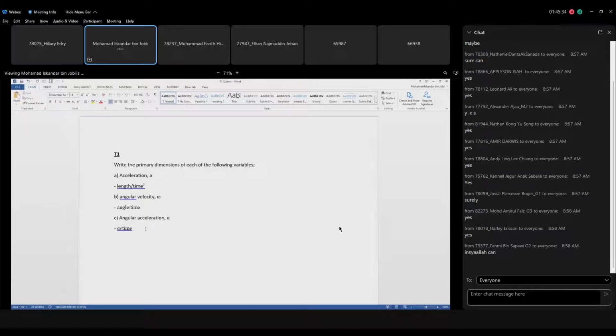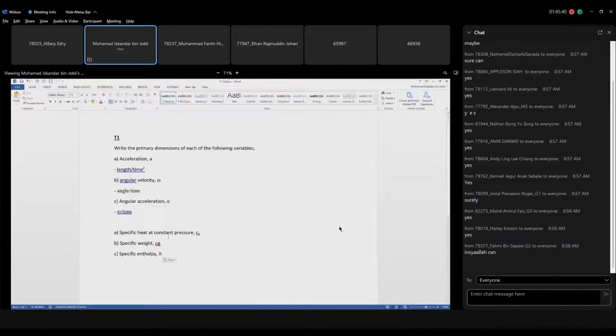Please, the specific heat at constant pressure, A, B, C, D, E, F, and G. Define this.